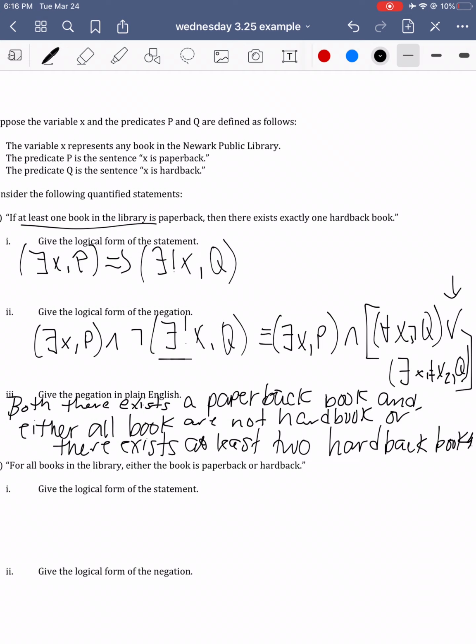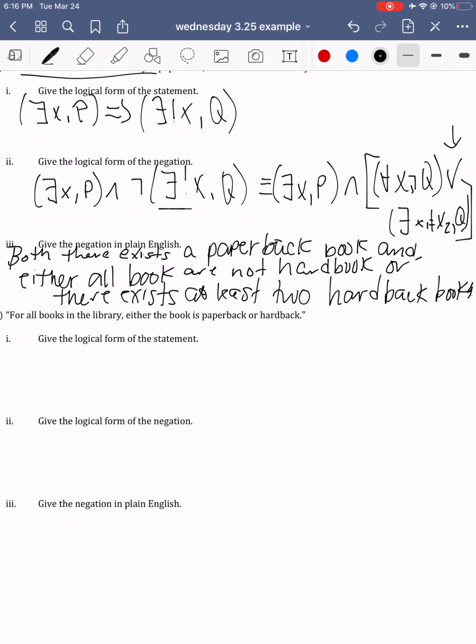So that is what our negation is saying here. Okay, so moving on to the next one here, the last one.